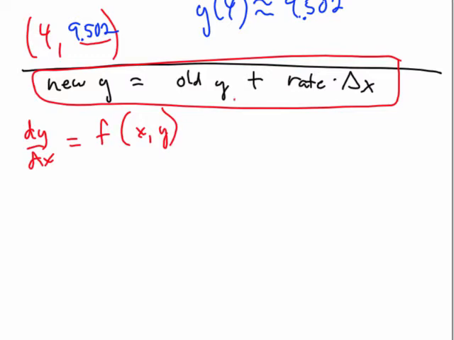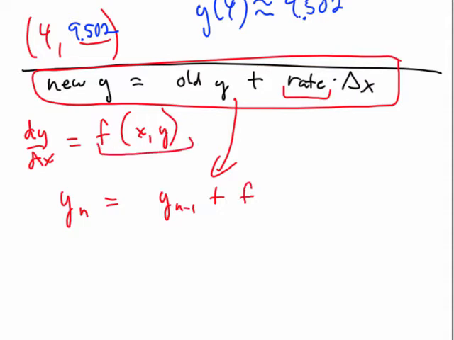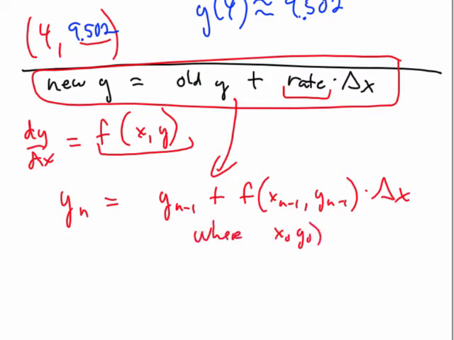Euler's method is saying that our nth approximation of y along our steps is based on our previous estimation, n minus 1, plus our rate, which, remember, is f at the previous point, times our change in x, where our starting point and change in x are given.